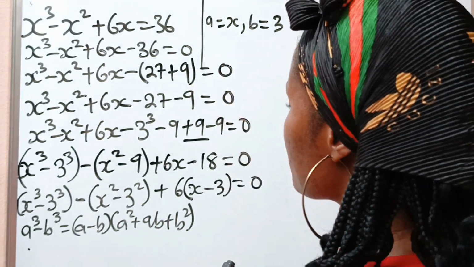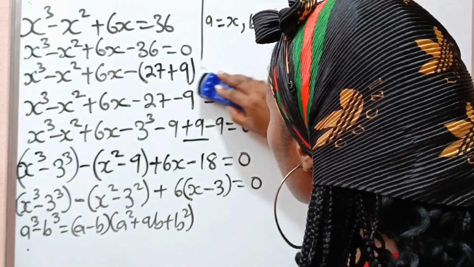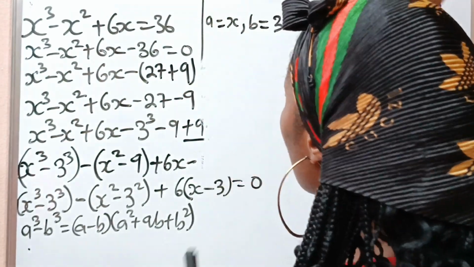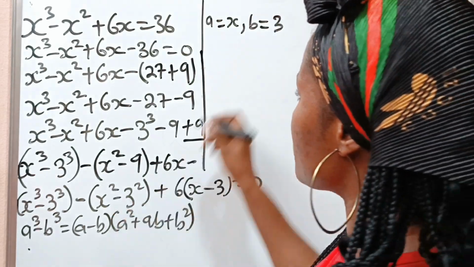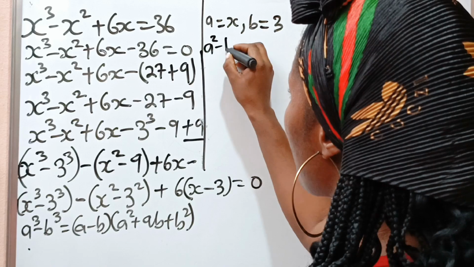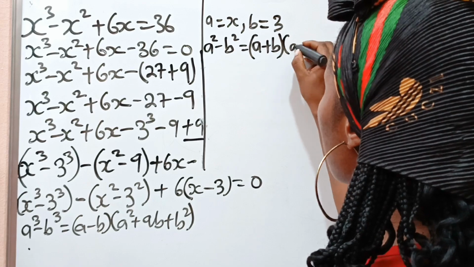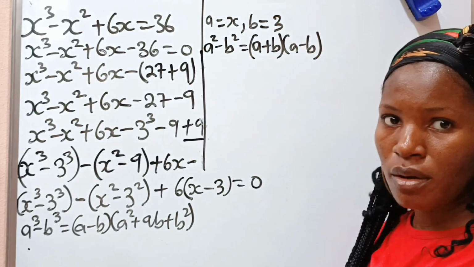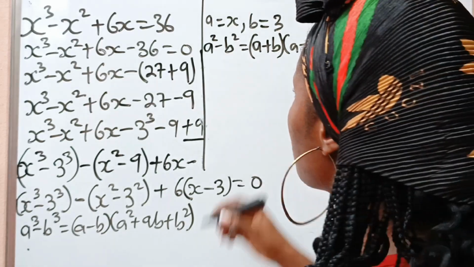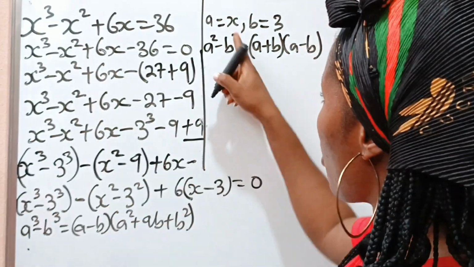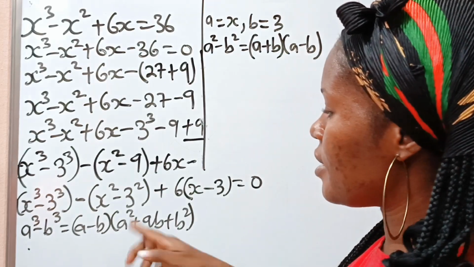For that one, note that a squared minus b squared is equal to a plus b multiplied by a minus b. That simply means that we can recall our a is still x and our b is still 3.